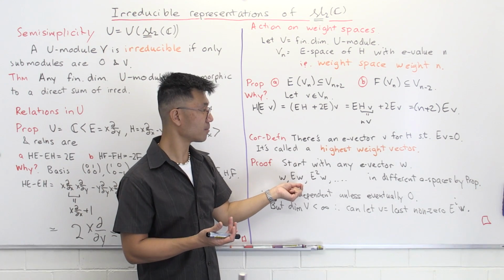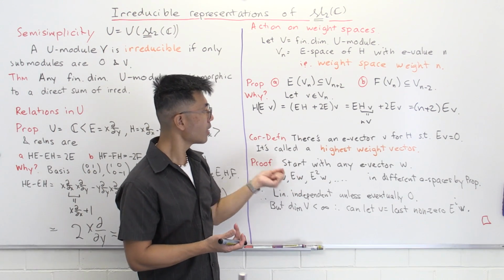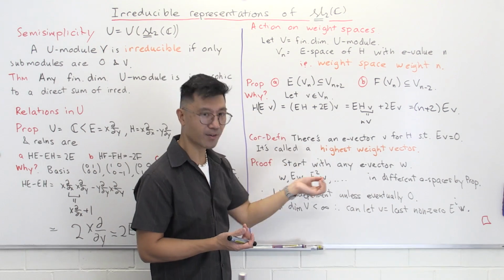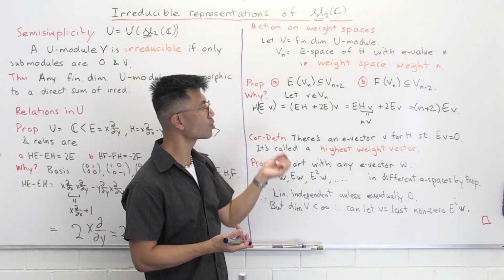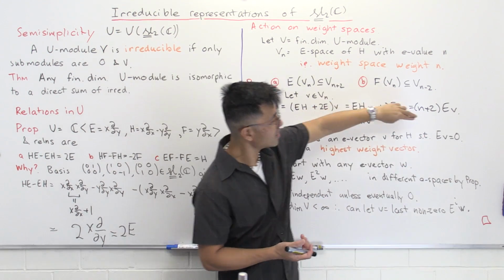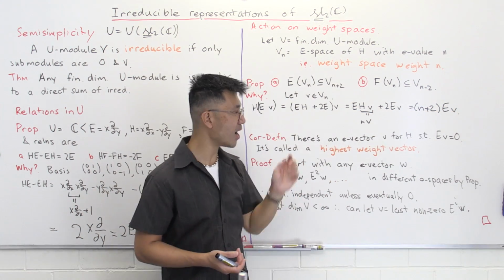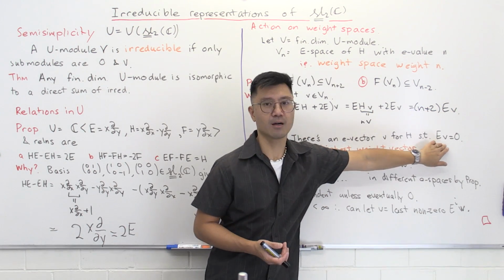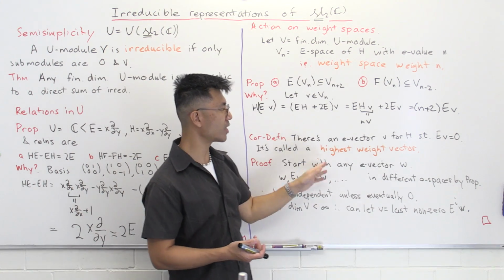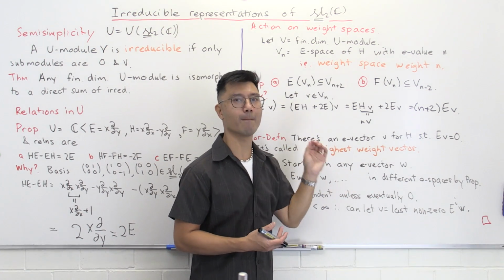So that's an easy way to make eigenvectors with bigger eigenvalue, and the only obstacle is when it's 0. When it's 0, you can't use this method of hitting by E to get an eigenvector with a bigger eigenvalue.